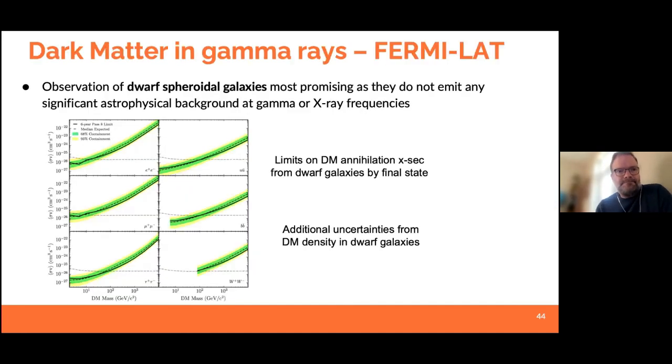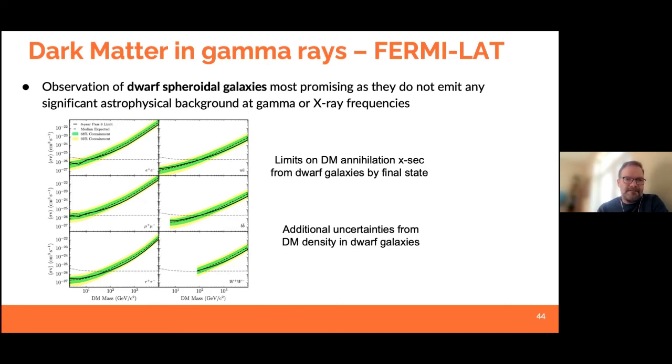Looking at dwarf spheroidal galaxies is good for these dark matter searches because apparently there's not much significant astrophysical background at gamma or X-ray frequencies. Limits have been set on the dark matter annihilation cross-section.